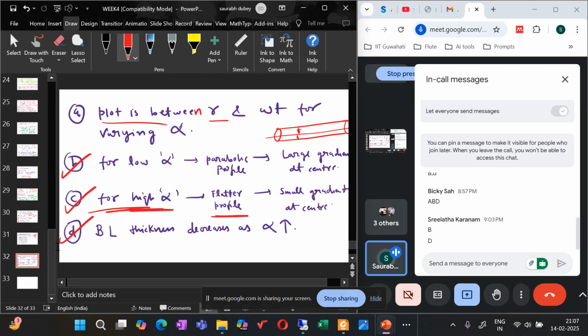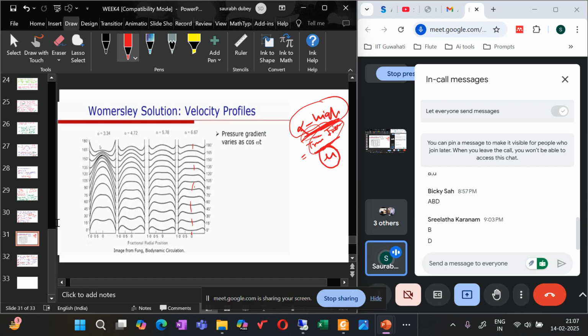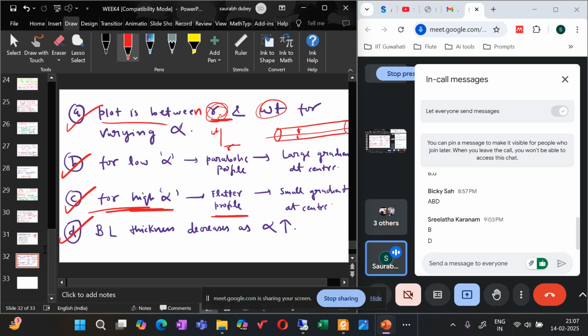And the plot was between this radial location and the omega t. So this was the omega t and this was the radial location for which you are solving it. You see these were the radial locations and these were the alpha. So option A is also correct. So all A, B, C and D is the correct answer. Right?